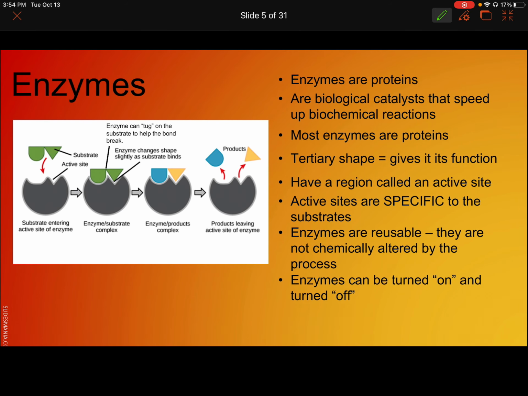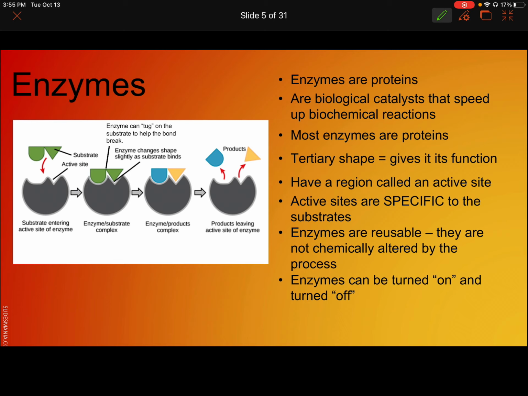Okay, so enzymes. We've talked a lot about them the last couple of days, but this is a refresher of what we know already. Enzymes are proteins. They are biological catalysts that speed up biochemical reactions by lowering the activation energy required. They have a tertiary shape that gives them their function.